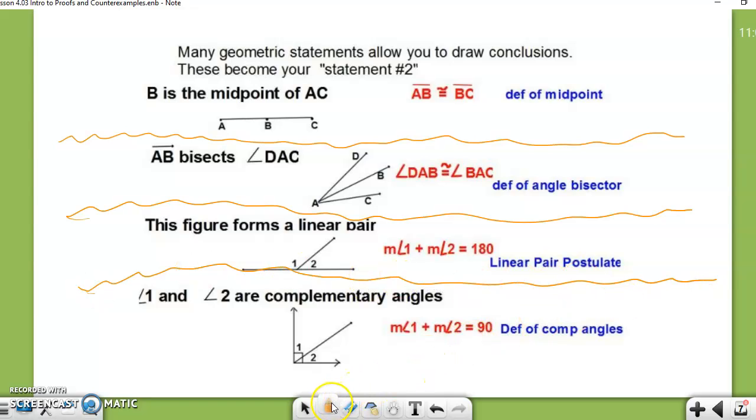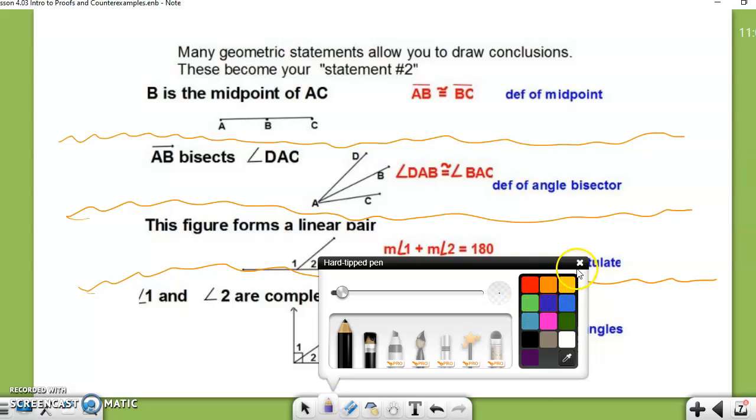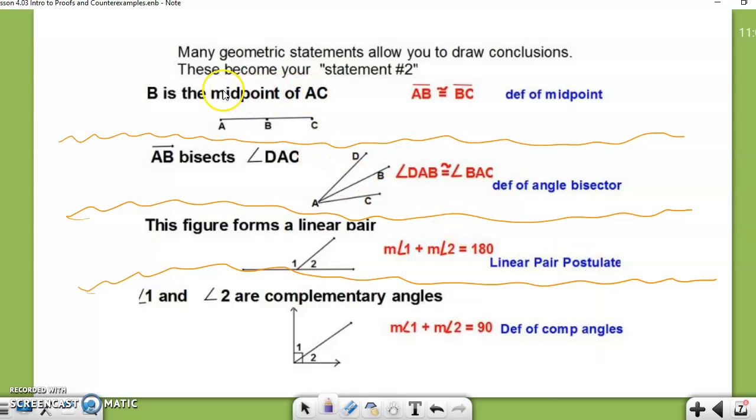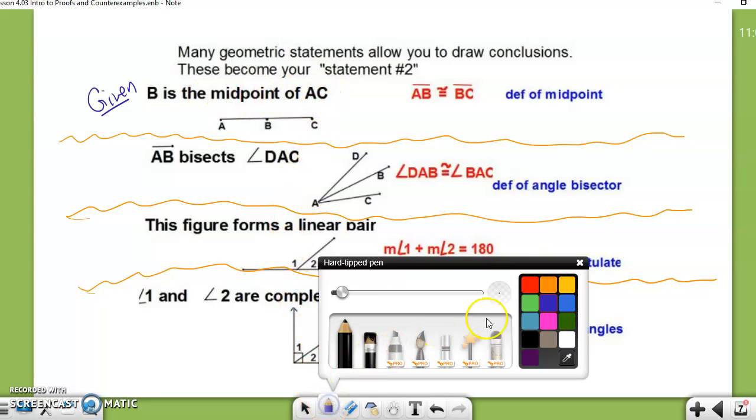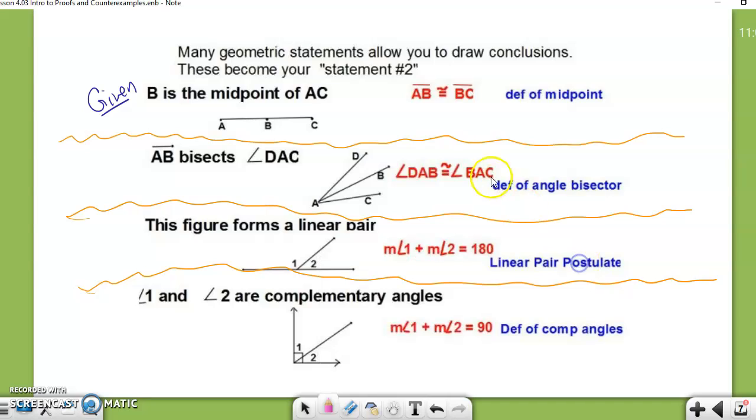So now let's look at this in 3 different ways. Over here, this would be your given. So in the given information, they would say something like B is the midpoint of AC. Okay, that's your given information. With that given information, you can make this statement.